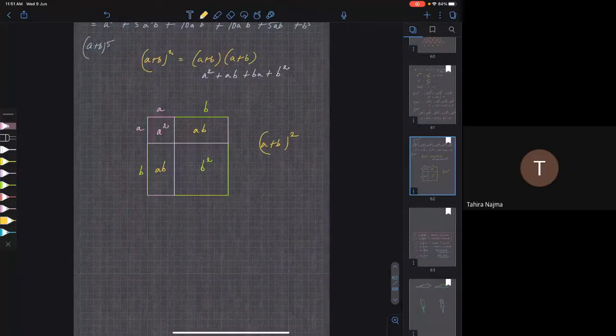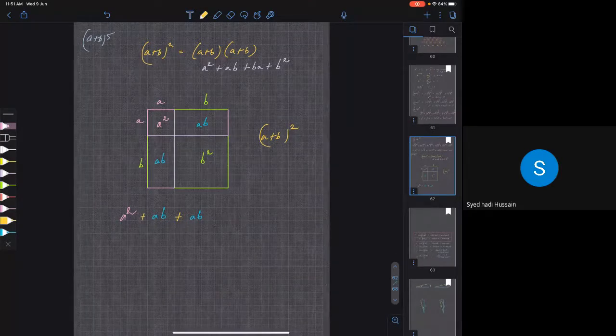Let me use blue color. So this is ab and this is ab. Now if you add all the areas, what will you get? a square plus ab plus ab plus b square, that is a square plus 2ab plus b square.